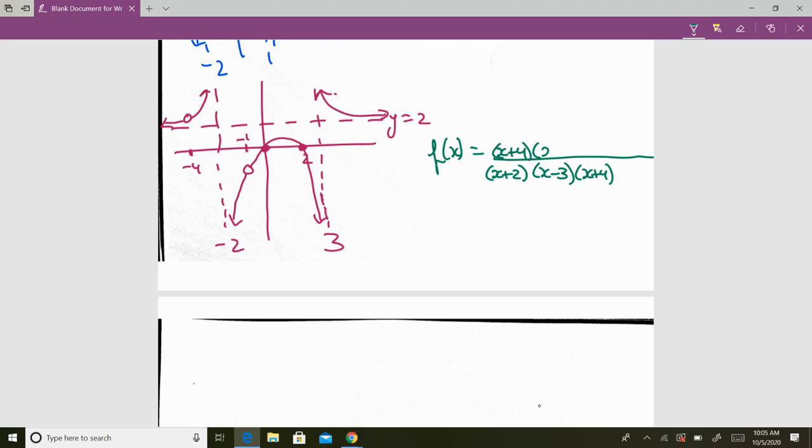POD, point of discontinuity. No, point of inflection, come on. Oh my gosh. Good time. I believe you. That's next unit.